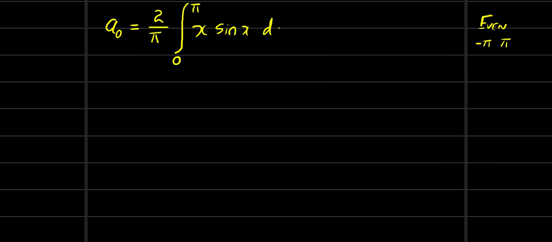And f of x is x into sin x dx. So that will be 2 by pi, I'll put a big bracket. Okay, now apply Bernoulli's rule.